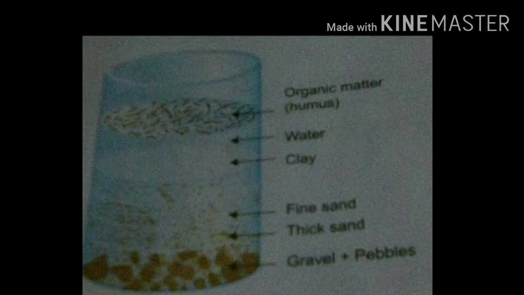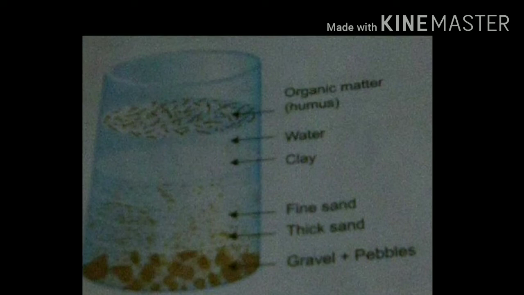Downside you get the gravel and pebbles, then thick sand, then fine sand, then you can see the clay particles, and then the water, but over the water there is organic matter. In this way the layers are formed.